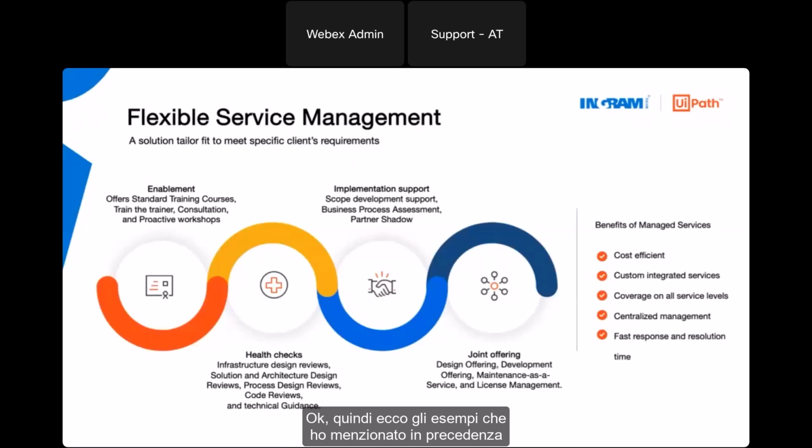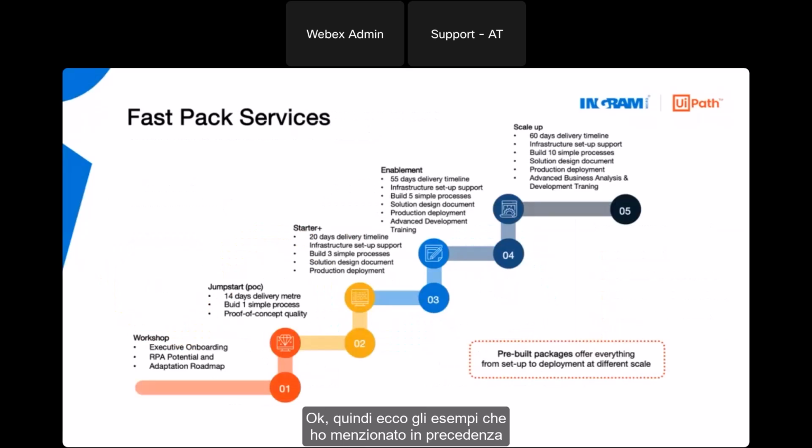Okay, so here we have the examples that I mentioned previously around these pre-built package offerings that can cover everything from the setup to the deployment to the monitoring to the maintenance, everything along the automation journey and the life cycle for these automation solutions, right?